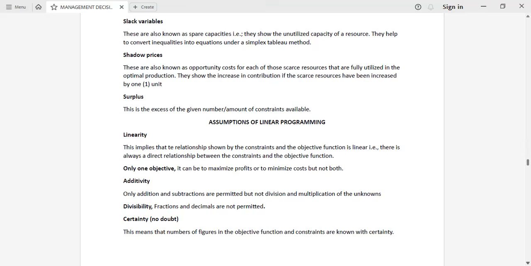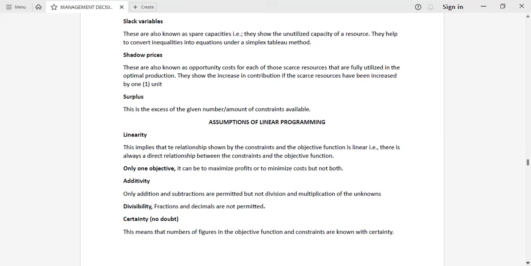We say that the objective function shows us the overall aim. In other words, what do we want to achieve as an organization? That's what the objective function is all about.